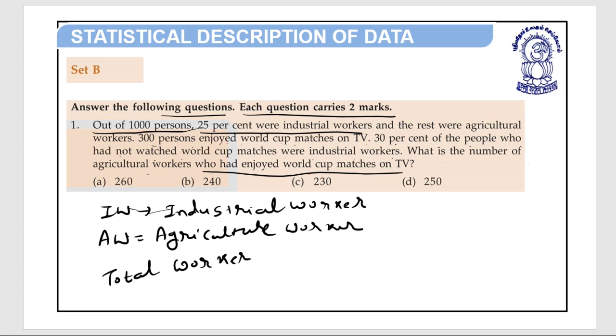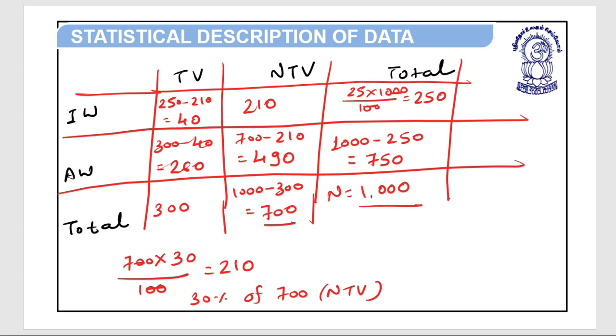What is the number of agriculture workers who had enjoyed World Cup matches on TV? So on TV, AW is 260.